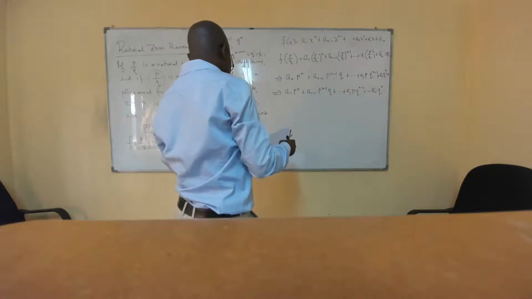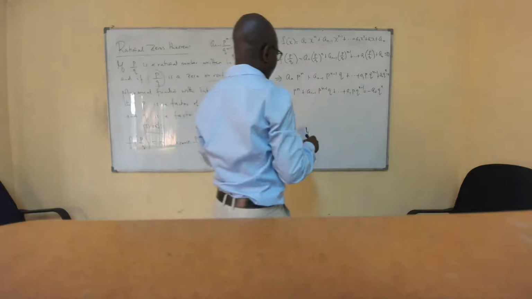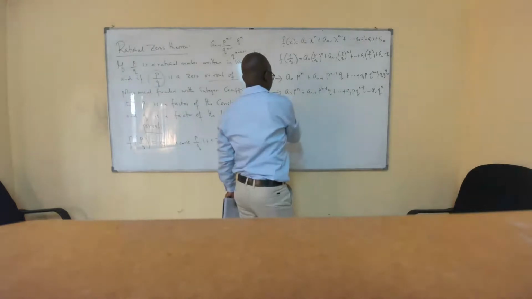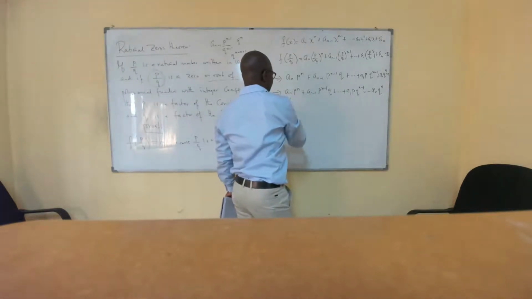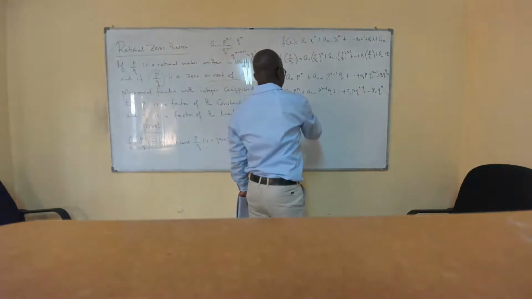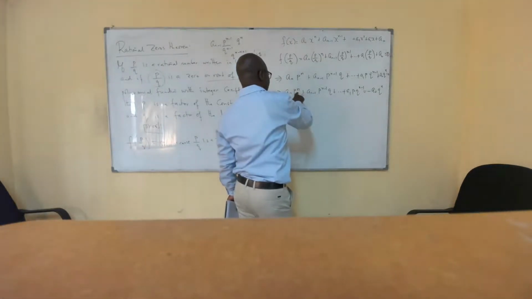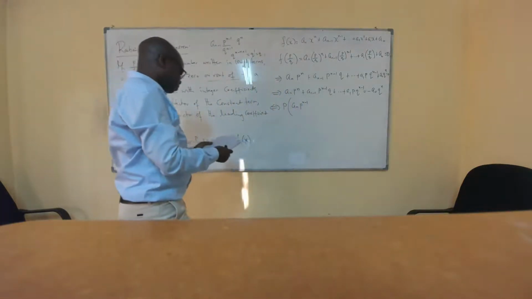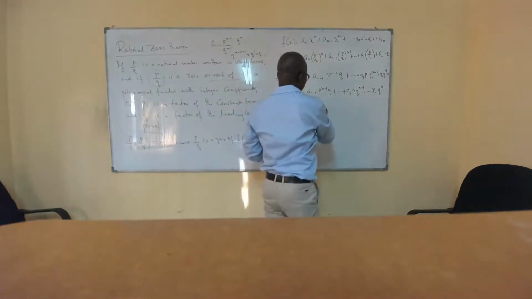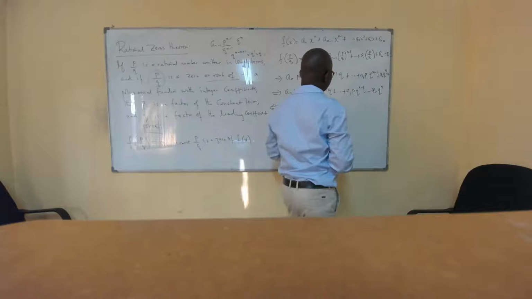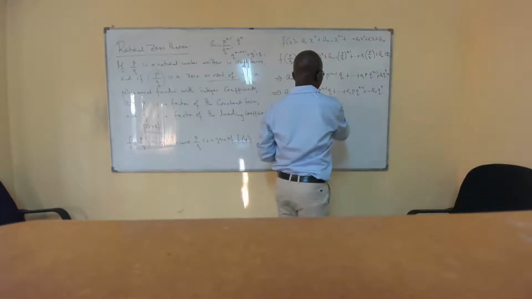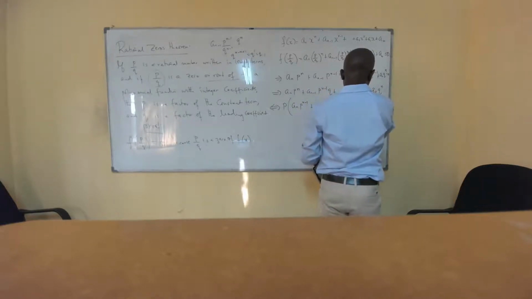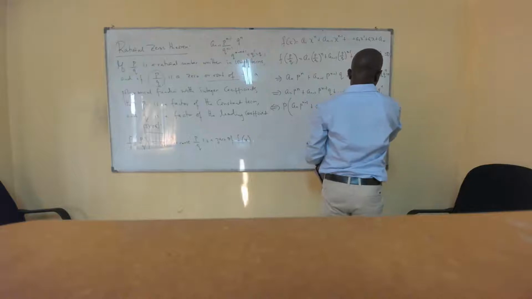So in here we can try to factor out, I think there's a common factor here, p. If you factor out p, let's see what is left. If you take out p here, you remain with a_n p to the power n minus 1. And if you take out p from p to the power n minus 1, you remain with p to the power n minus 2 q, and so on.